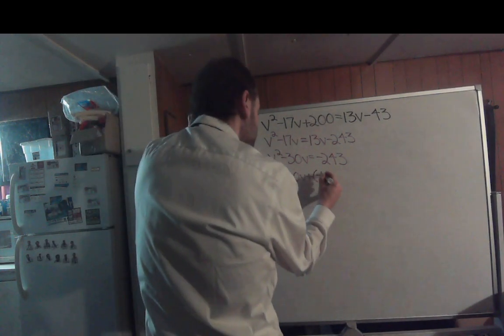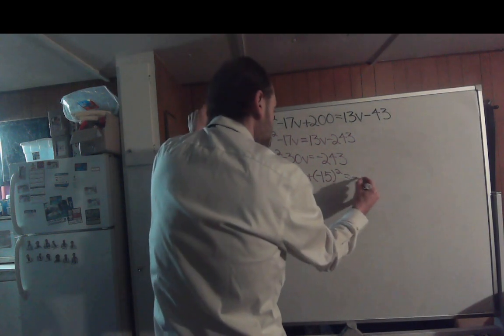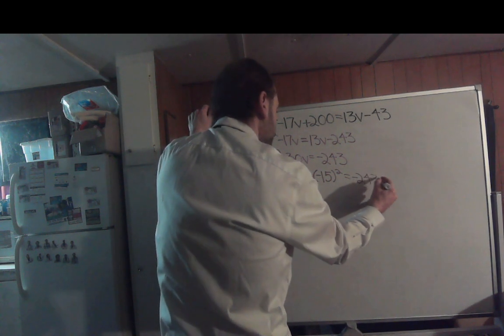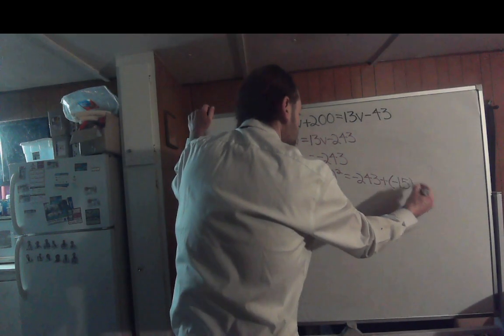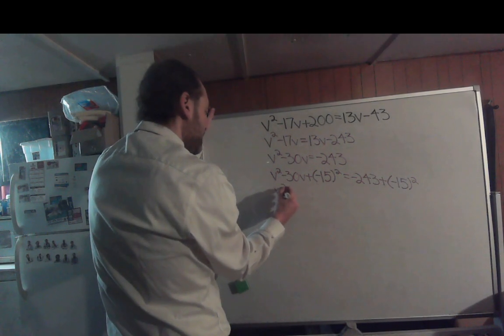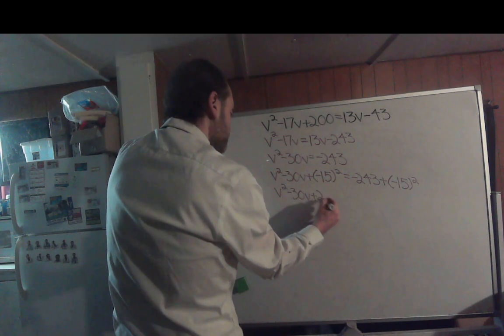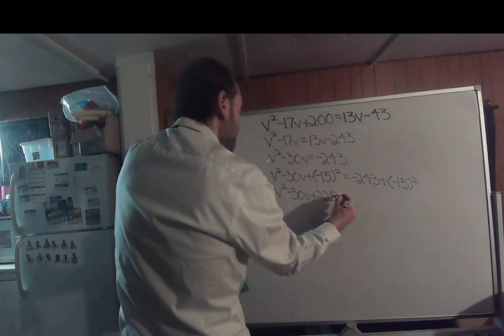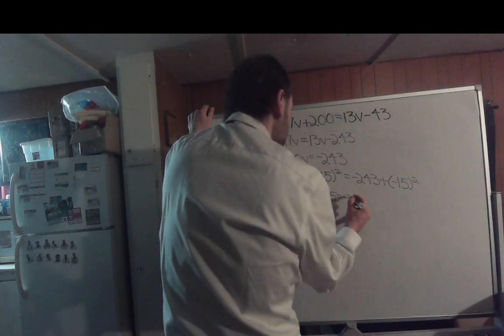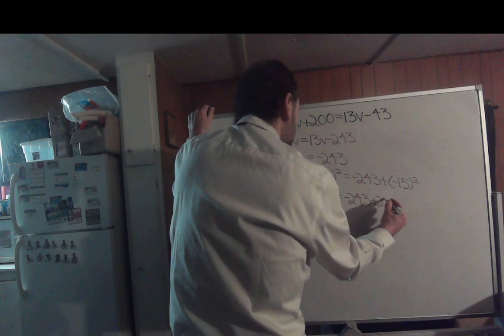That's negative 15. You would raise that to the second power, would equal negative 243 plus that negative 15 raised to the second power. So this would turn into v squared minus 30v plus 225 would equal negative 243 plus 225.